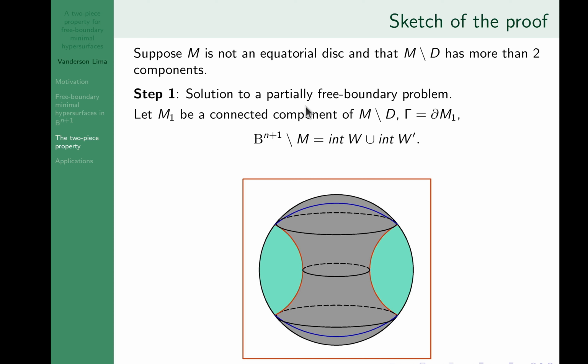Okay, so if I think now of my hyperplane, which gives the disk D, represented in red, my submanifold gamma is represented here by this red curve.